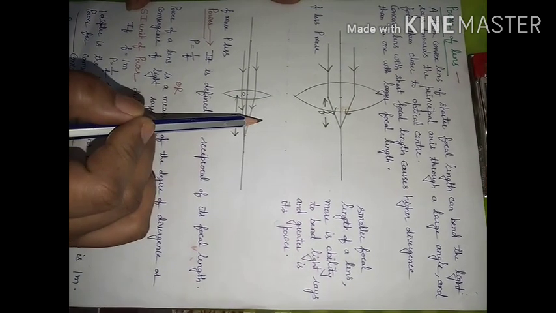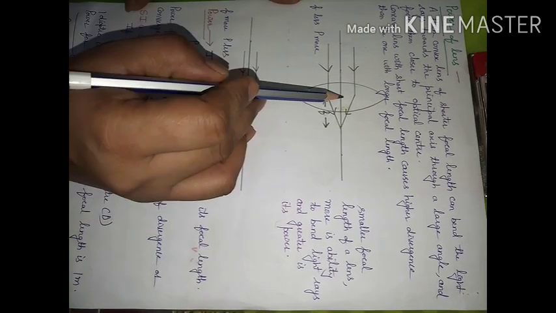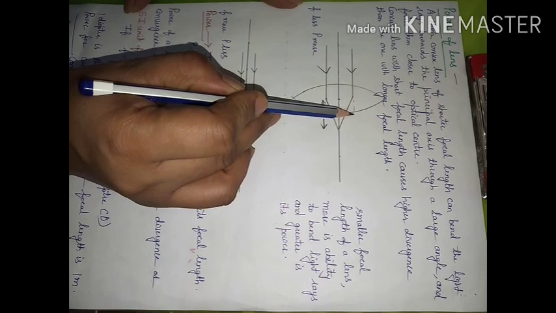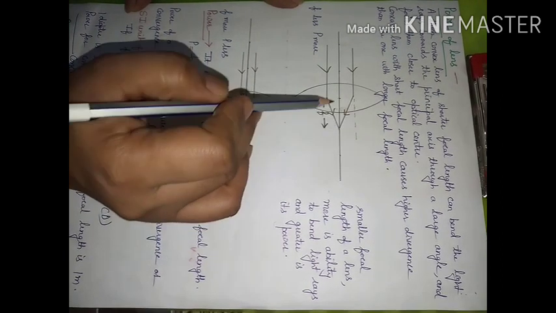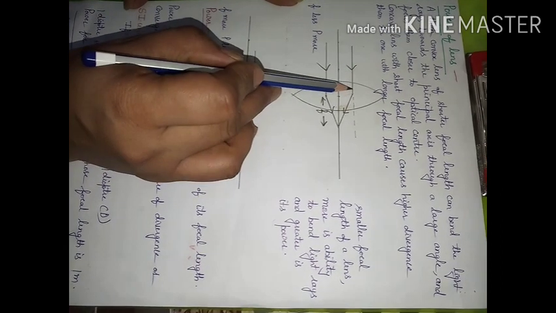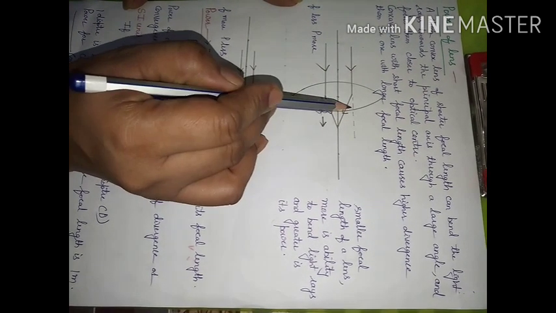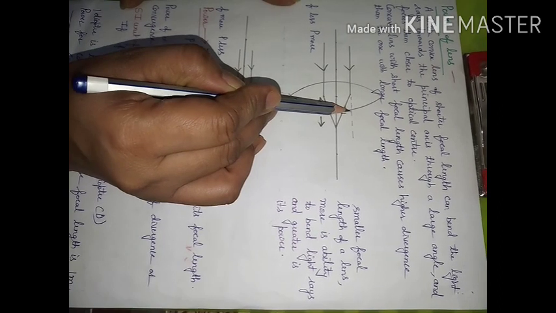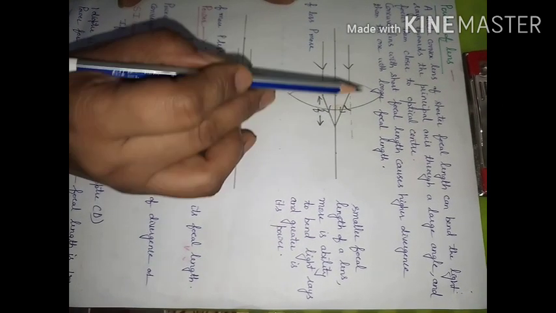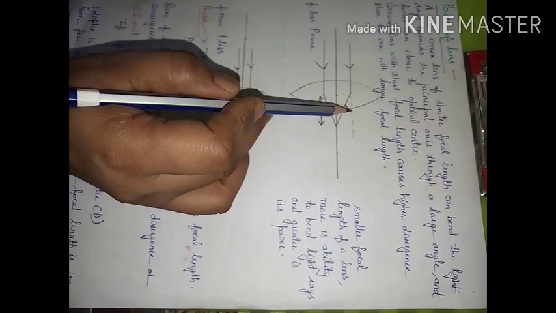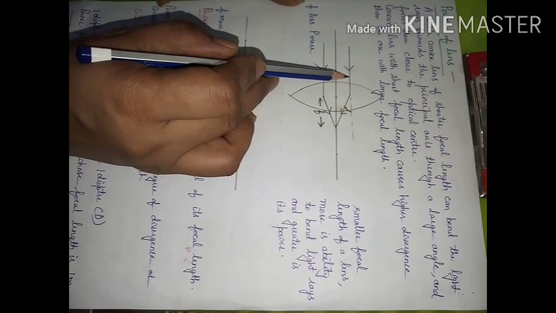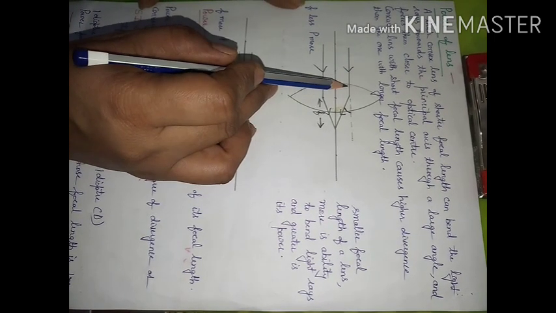It means in this diagram, if I consider this to be the path followed by the ray of light in the absence of this lens, then this lens can bend this ray of light through a large angle. This is the angle. It should go like this, but when it is passing through a convex lens, it is undergoing refraction, and when it is undergoing refraction, it changes its path.